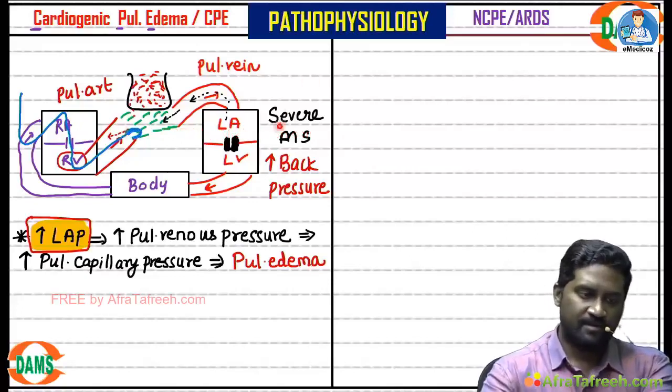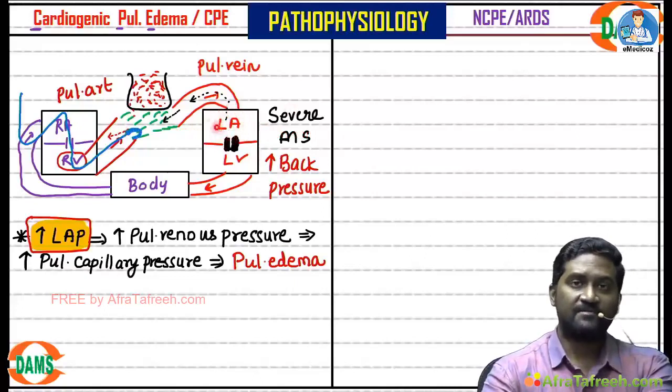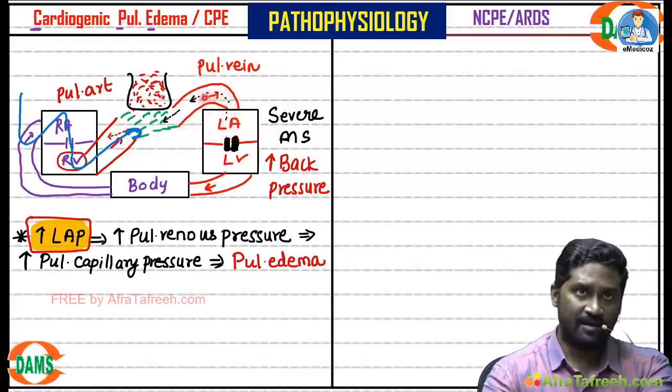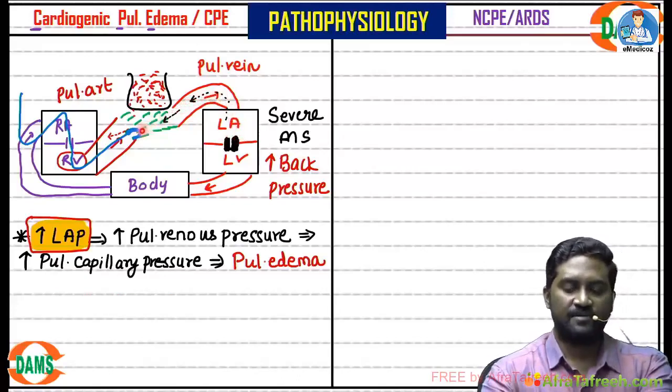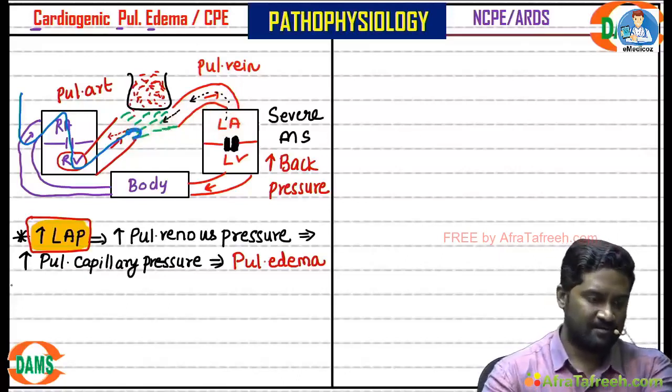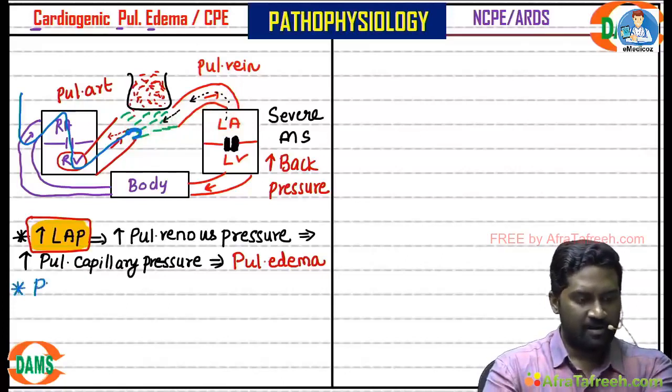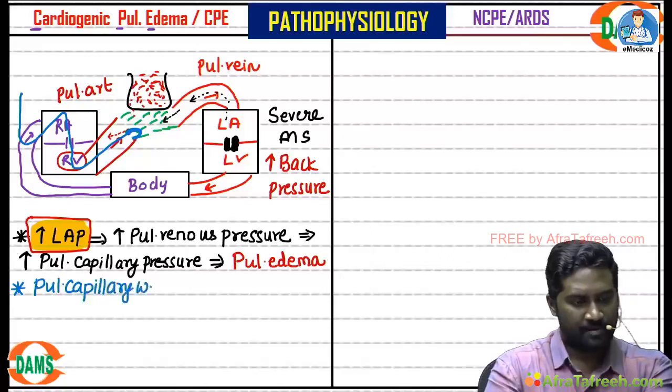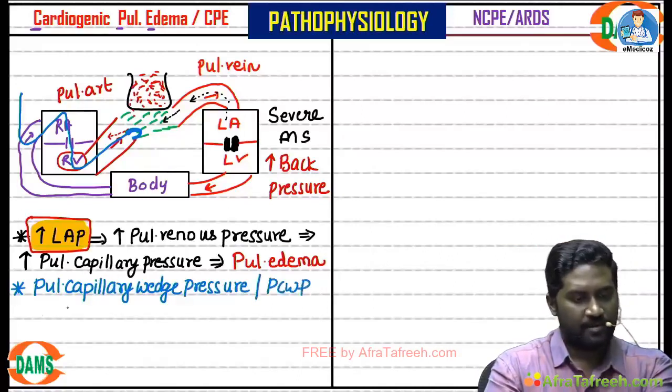Now tell me students, any significant change in pressure in the left atrium, can it be known by this catheter? Yes, because it will be reflected onto the pulmonary circulation. So this method of indirectly measuring left atrial pressure by wedging a catheter in the pulmonary circulation is called pulmonary capillary wedge pressure, PCWP.